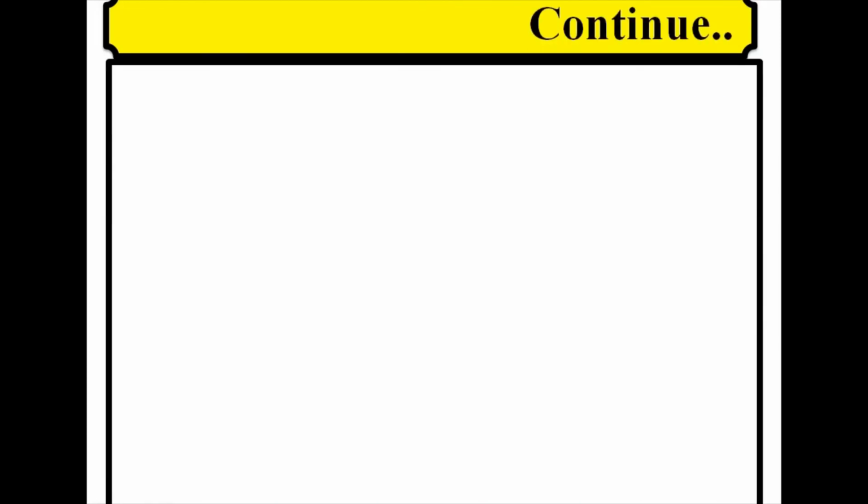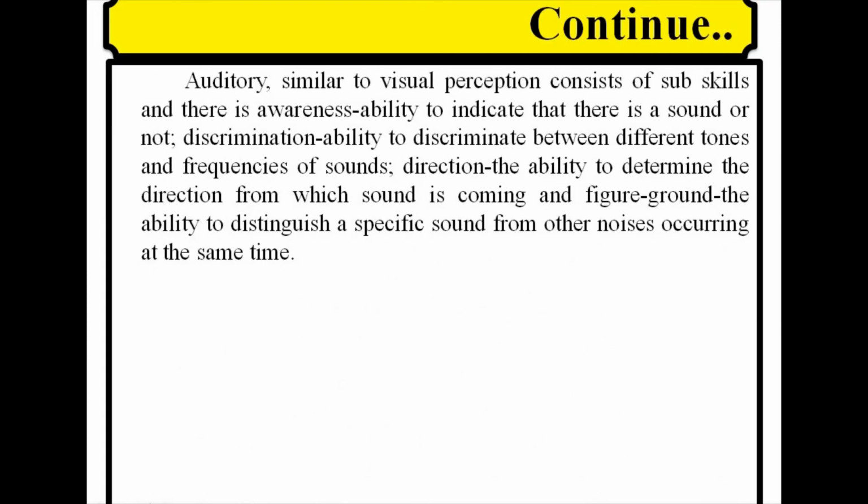Auditory, similar to visual perception, consists of sub-skills: awareness, the ability to indicate that there is a sound or not; discrimination, the ability to discriminate between different tones and frequencies of sounds; direction, the ability to determine the direction from which sound is coming; and figure ground, the ability to distinguish a specific sound from other noises occurring at the same time.